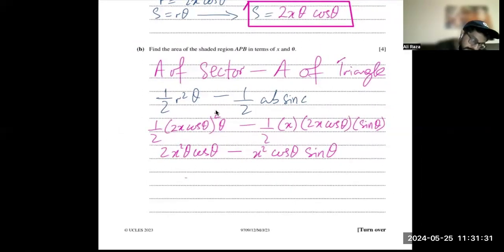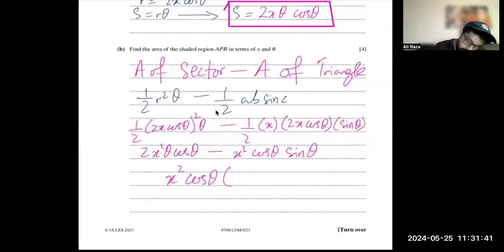We can also take x square cos theta common outside, giving us 2 theta cos theta minus sine theta.